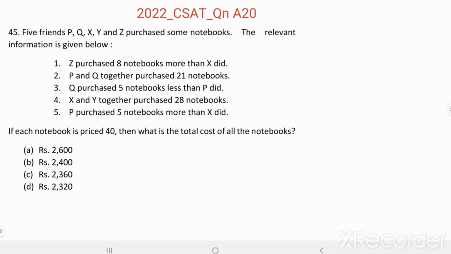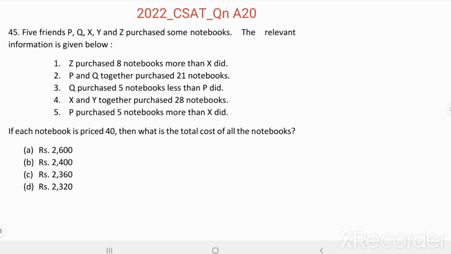Question number 45. 5 friends P, Q, X, Y and Z purchased some notebooks. The relevant information is given below. First one, Z purchased 8 notebooks more than X did. Second one, P and Q together purchased 21 notebooks.